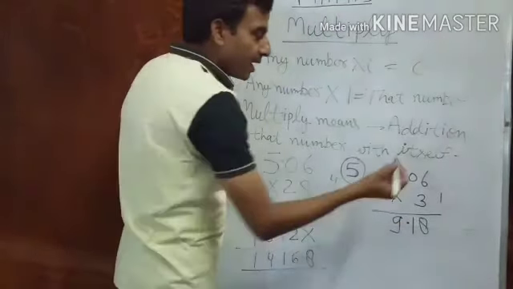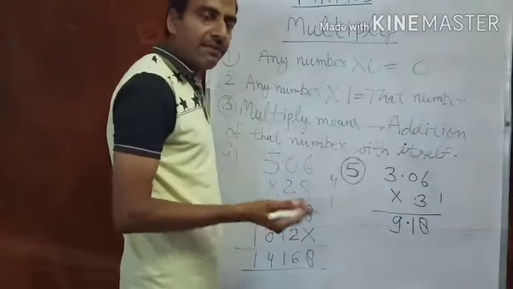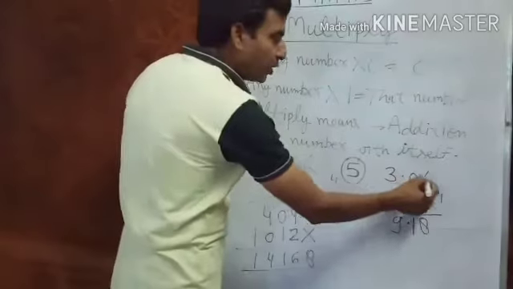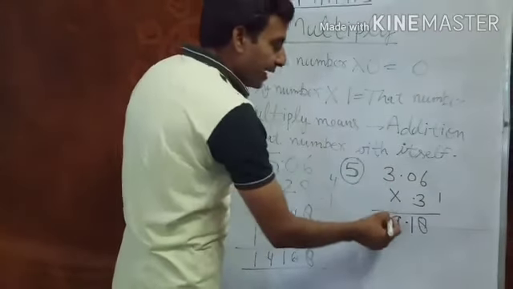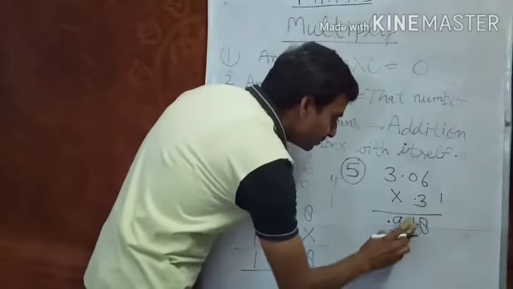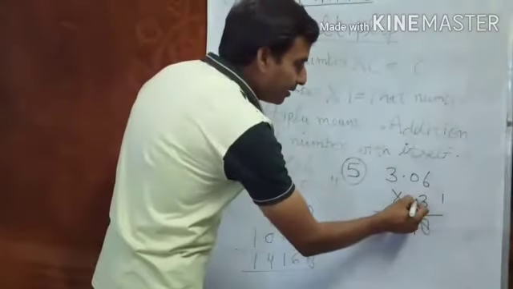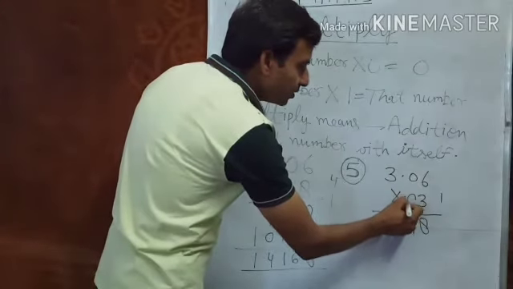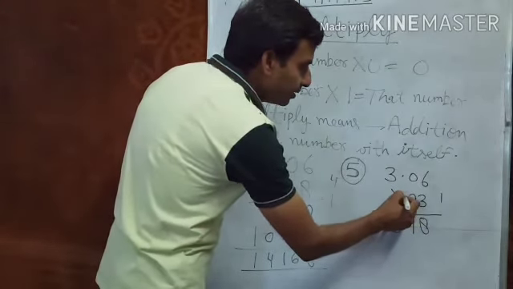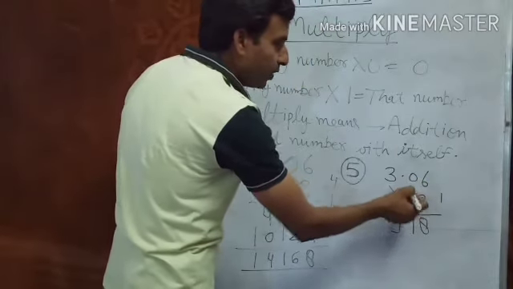If in this also a decimal is over here, then we add it also. 1, 2, 3 decimal digits. Then we put the decimal over here at the place of this. If there will be 0.03, then calculate 1, 2, 3, 4.